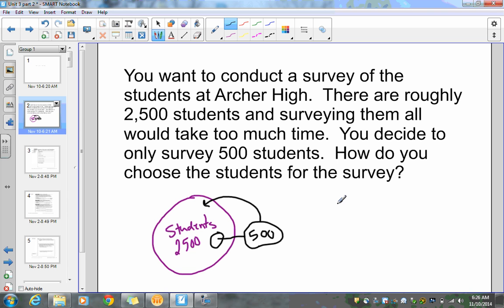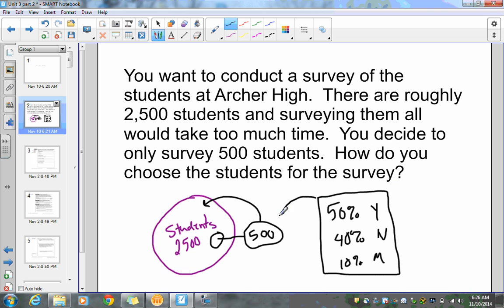For example, if 50% of the people say yes, 40% say no, and let's say 10% say maybe, even though we only surveyed 500 people, we can still take the results and compare it to the 2,500.